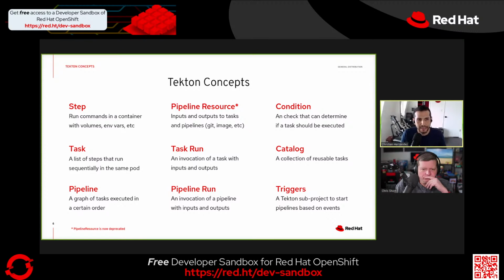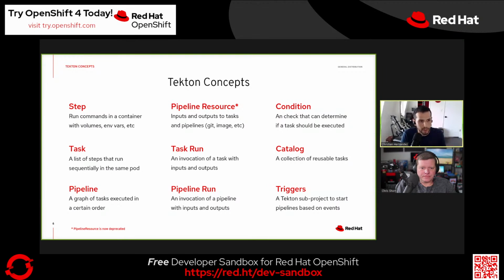A task is a collection of steps, wrapping them into a workable unit. For example, a task to build an application does a git clone, and the step does the git clone. A pipeline is a collection of tasks, and those tasks can run in parallel or serially.